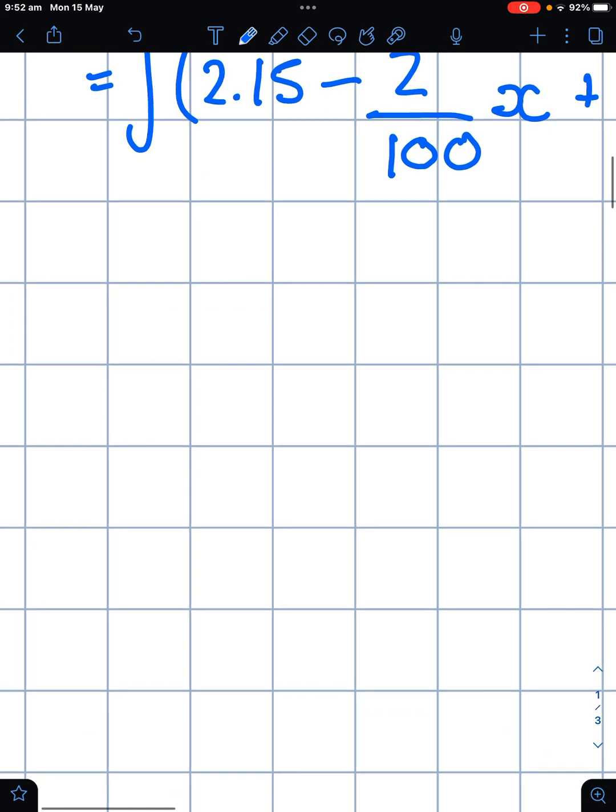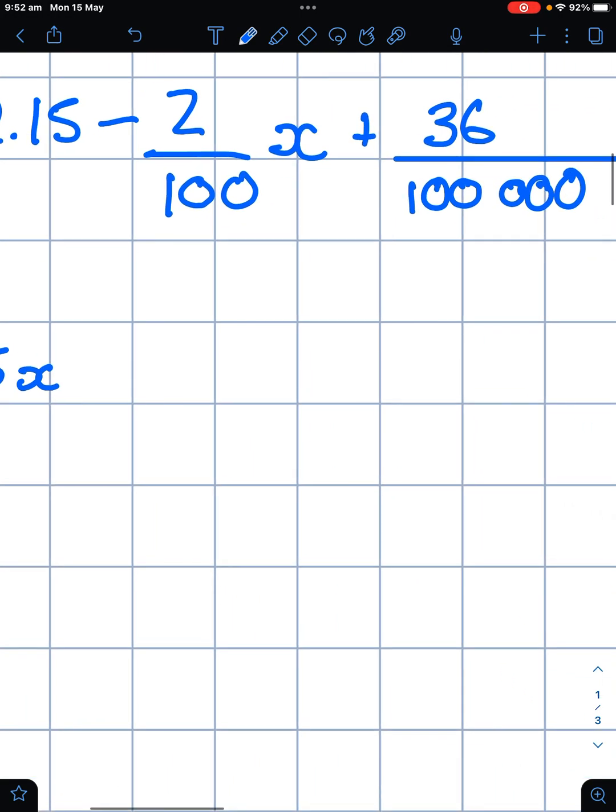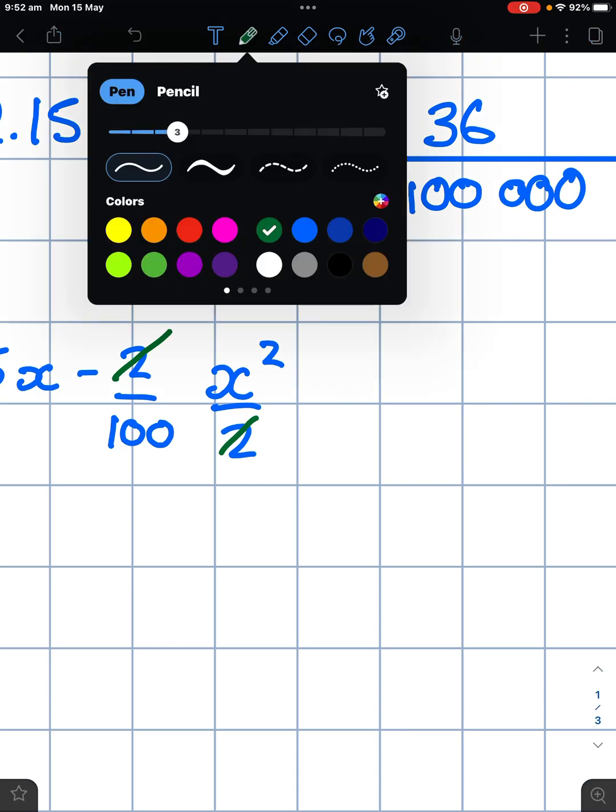Okay, so let's do the integral of this. We get 2.15x for the first term. This next one's going to be minus 2 over 100 times x squared over 2, so that 2 and that 2 are going to cancel.